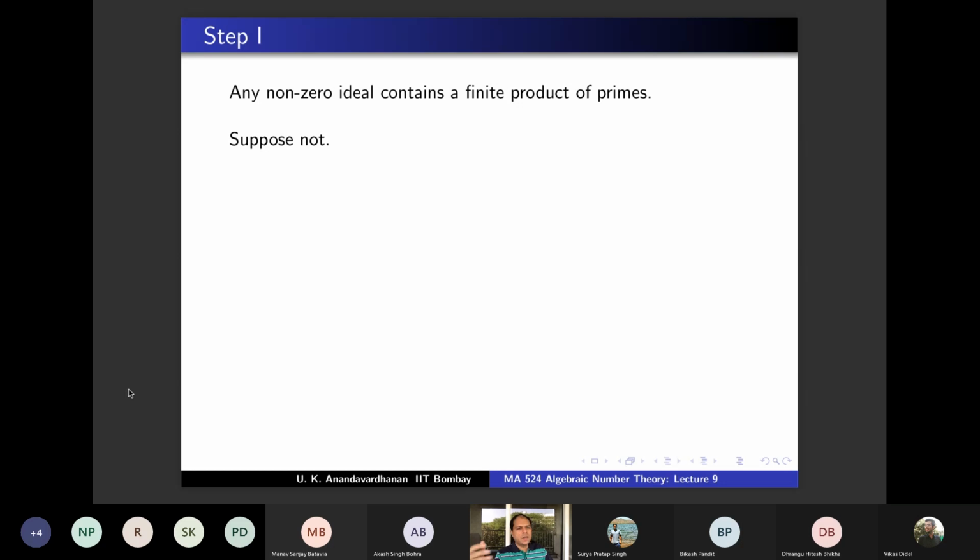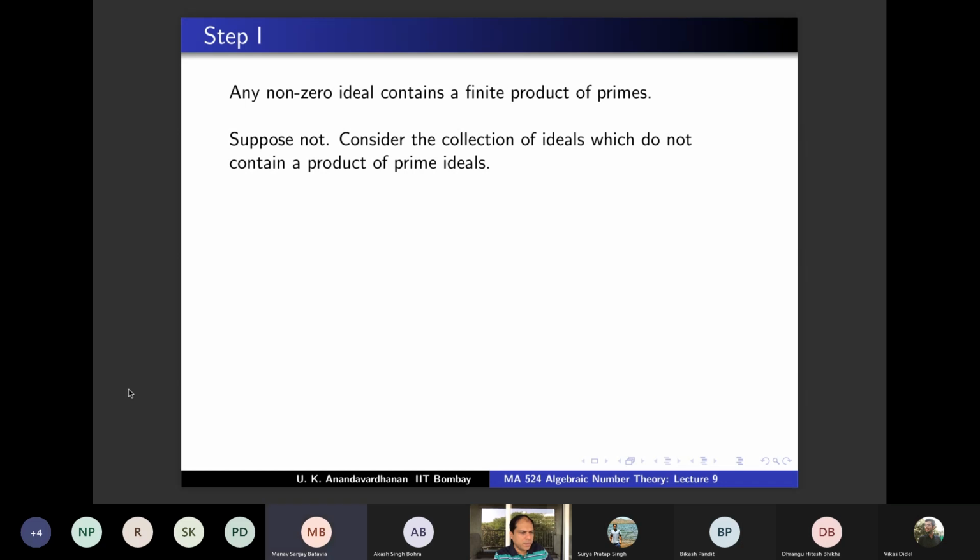Okay, so if you assume to the contrary, there is at least one ideal which does not contain a finite product of primes, then you consider the collection of all such ideals which do not contain a finite product of primes. Okay, this collection is non-empty. Now I think you can apply Zorn's lemma.